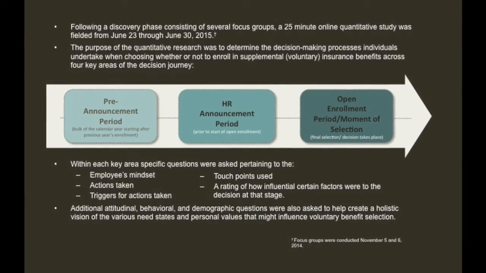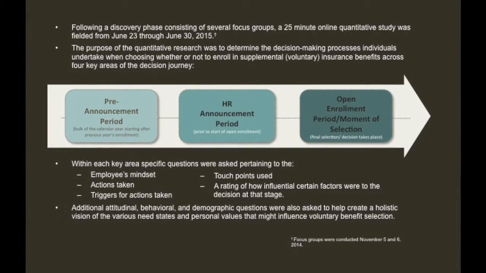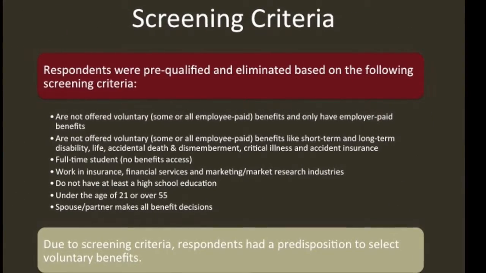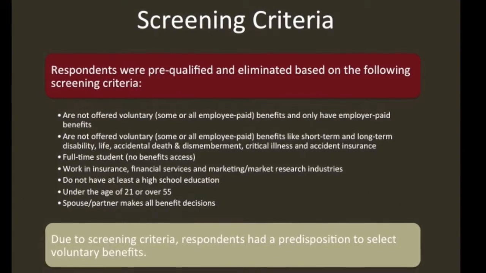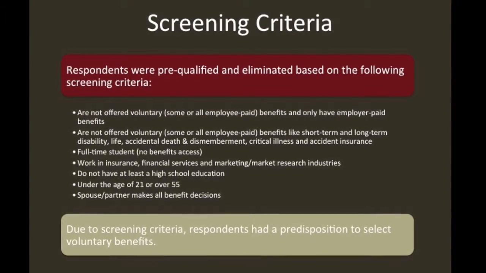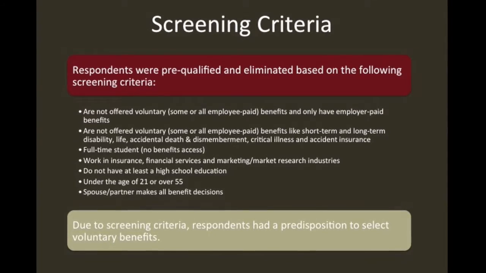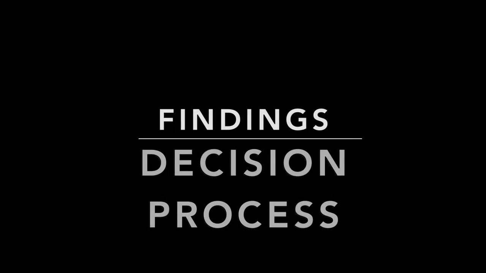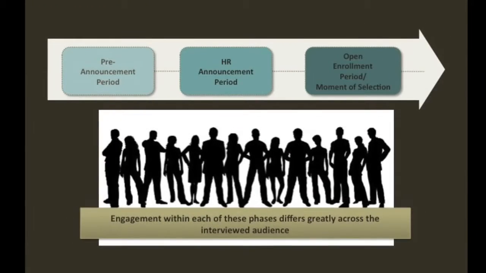I also looked at attitudinal, behavioral, and demographic information in order to do audience segmentation. Additionally, respondents were screened for this portion of the study to ensure they met the criteria to participate appropriately in this research. Now I'd like to share the findings and the decision-making process.